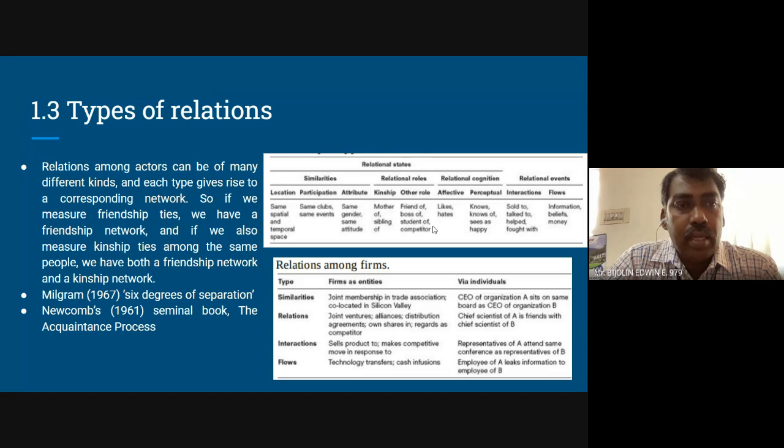When you move into types of relations, there are many categories of relational roles. When we speak about relations, immediately it comes to our mind that we can talk generally about our own relations.